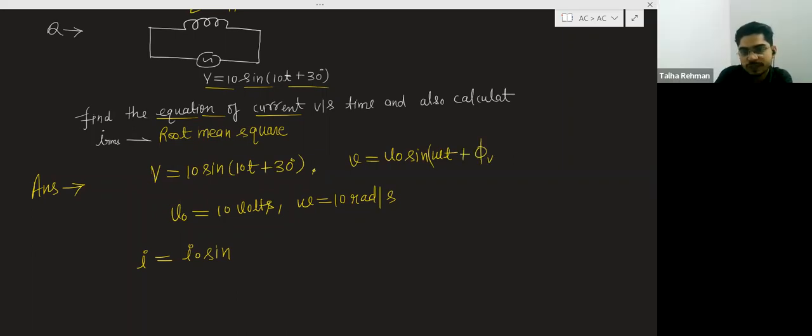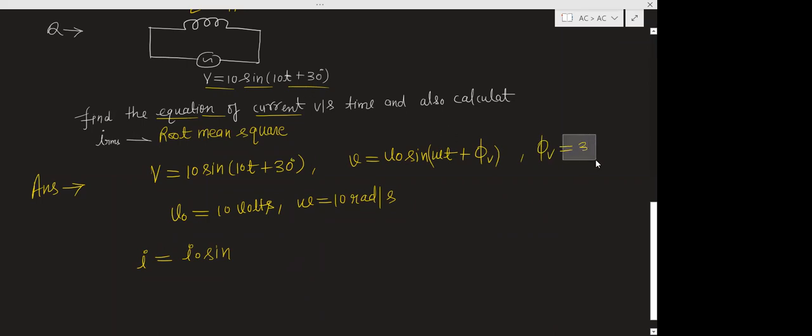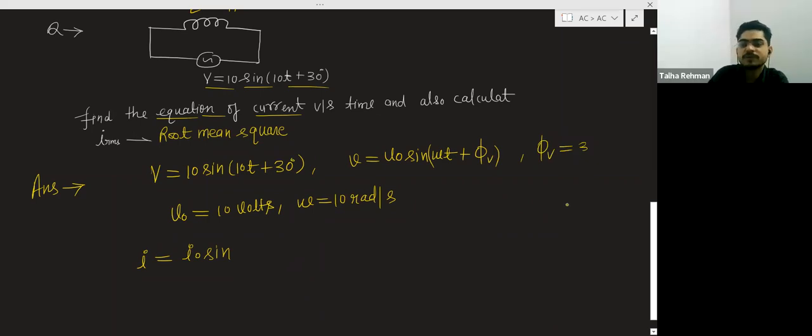Initial phase of the voltage is given as 30 degrees. So when you compare, you will get the value of V naught and the value of omega. Now when you write the equation of the current, the initial phase of the voltage is 30 degrees.